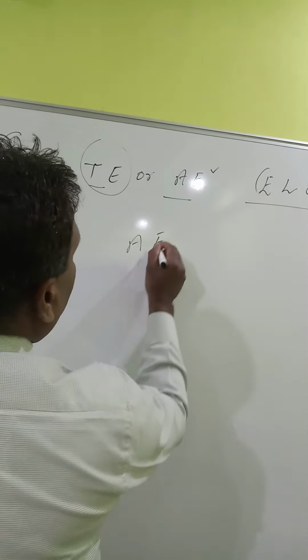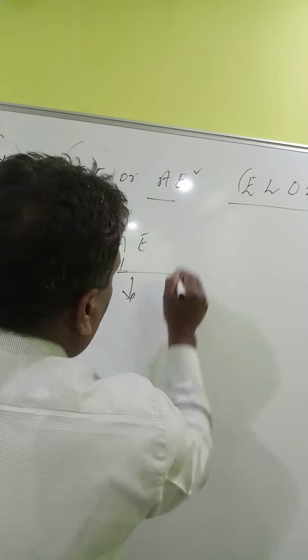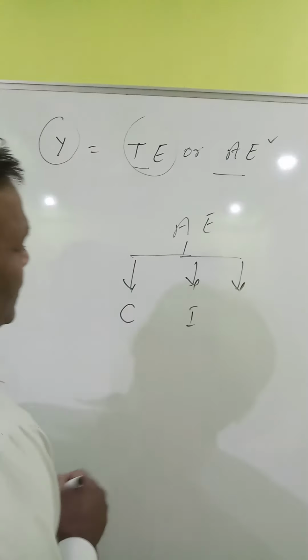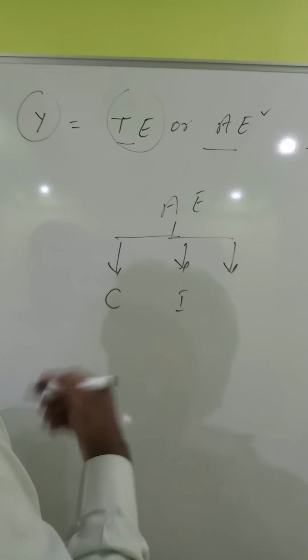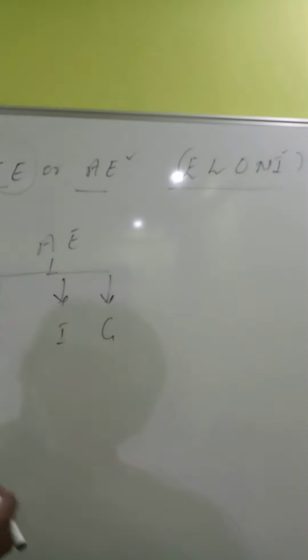Aggregate expenditures may be divided into three parts. First one, C. C stands for consumption expenditure. Second one is I. I stands for investment expenditure. And third one is G. G stands for government expenditure.